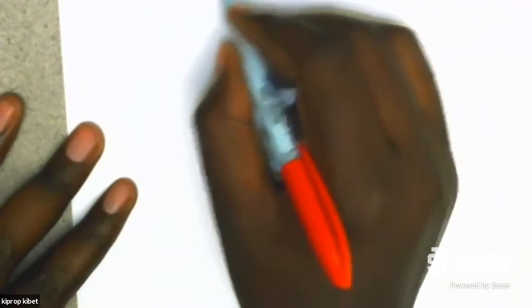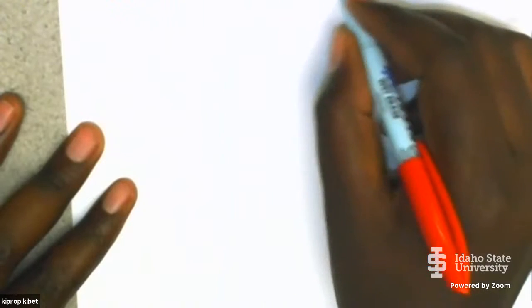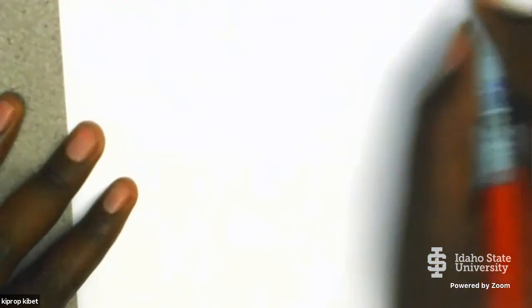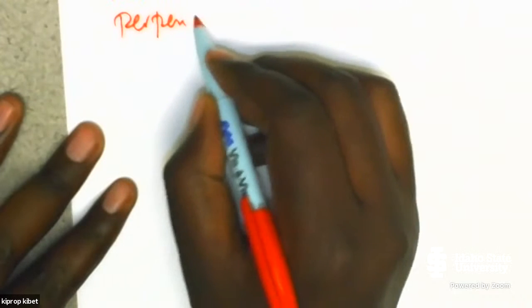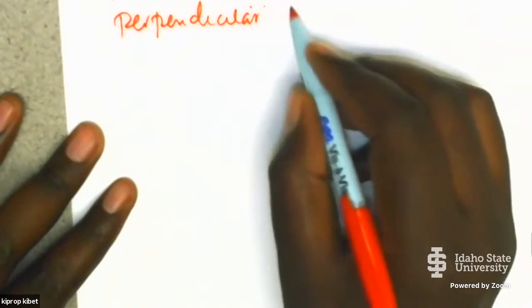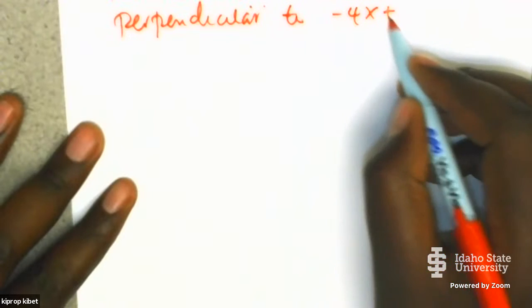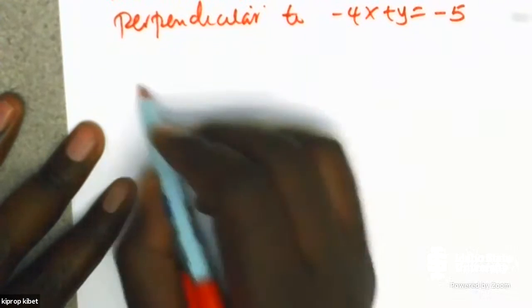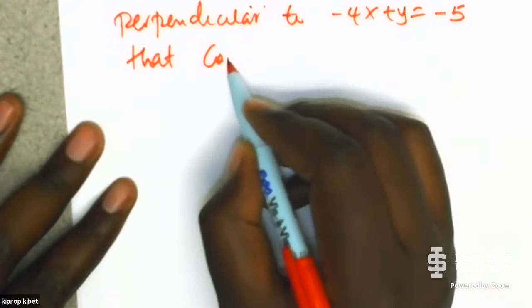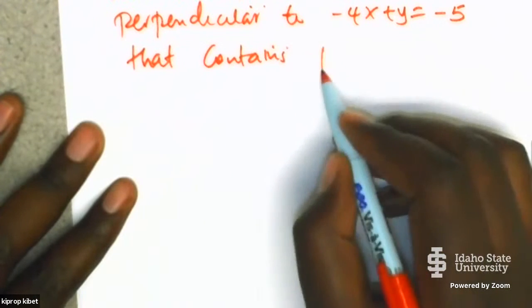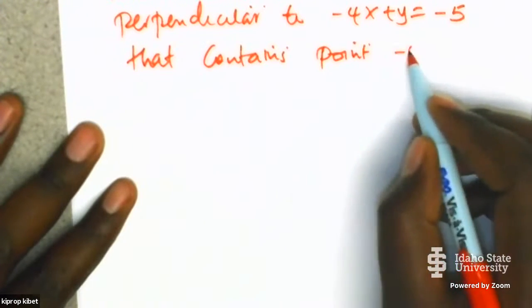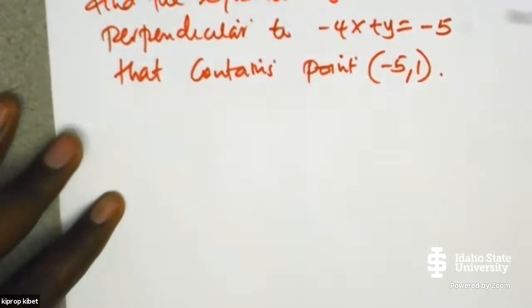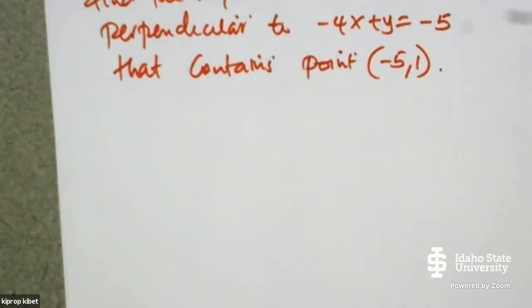Find the equation of a line perpendicular to -4x plus y equals -5 that contains the point -5 and 1.